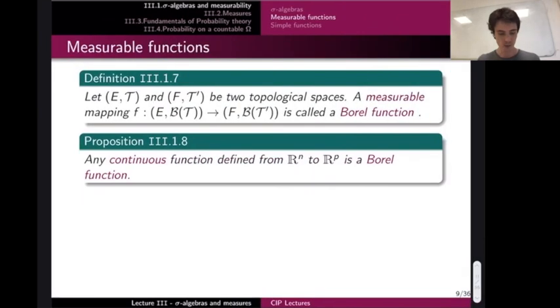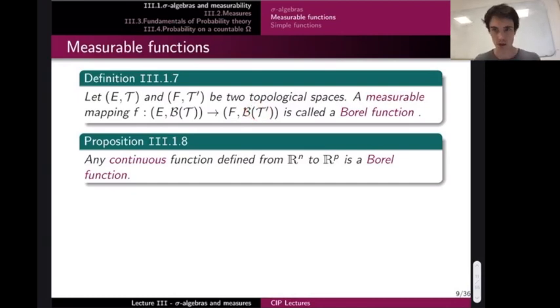But let me first define Borel functions. Again, this is some vocabulary because there's no new concept in there. So when you have two topological spaces and you define a function f between the measurable spaces which correspond to these topologies, then f, which is measurable from E with the Borel sigma algebra to F with its Borel sigma algebra, is called a Borel function.